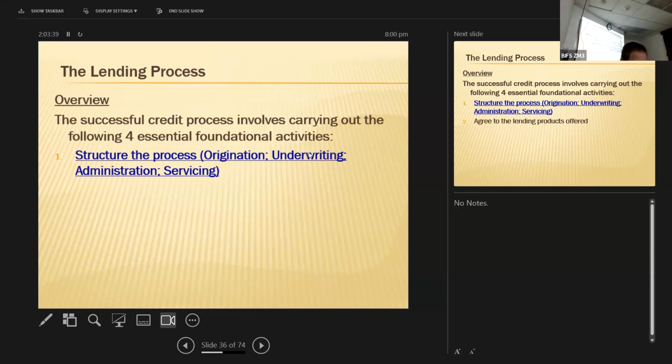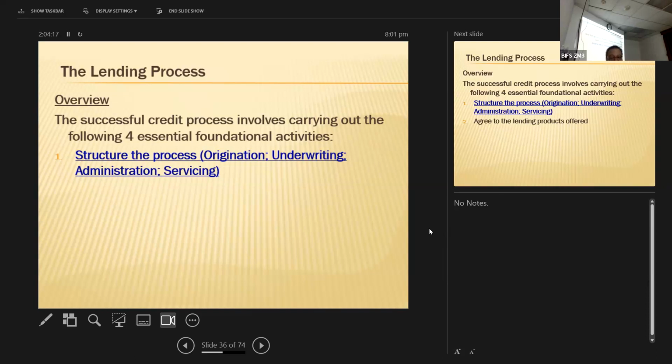So top of page 22, it is vitally important to the success of the credit process that the bank or lending institution or financial institution carry out the following 4 essential foundational activities. 1, structure the process. So you must structure the process, and that includes loan origination, loan underwriting, that's the decision-making process, whoever makes the decision, administration, loan administration.